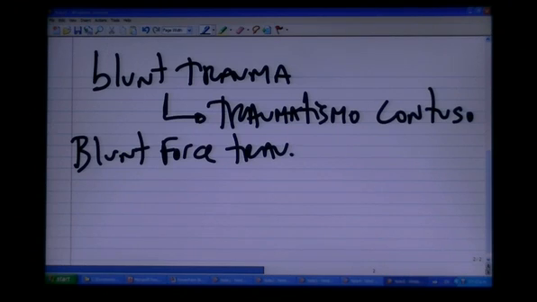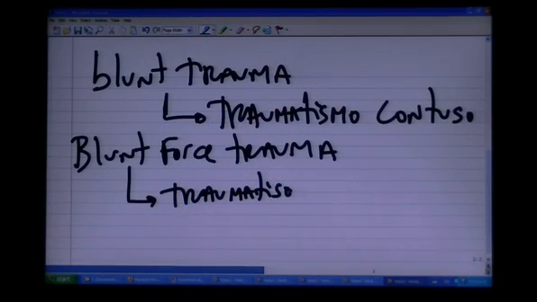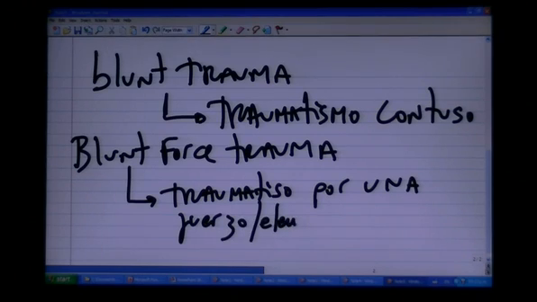Now the translation changes, because now this is not a diagnosis, but rather the action that produced it. A blunt force trauma is actually what produced that blunt trauma. So in this case, you cannot use contuso. You will say un traumatismo por una fuerza o elemento contundente.